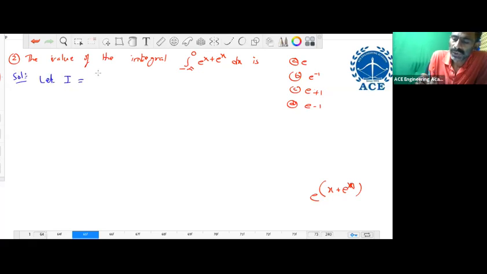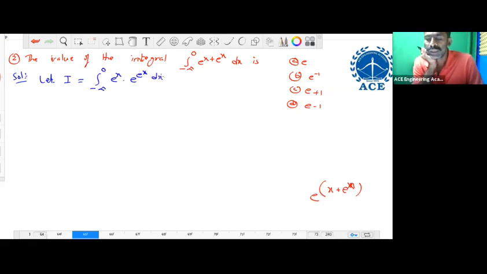Let I equal the integral from minus infinity to 0, and we separate here e power (e power x) into e power x dx. Now evaluate and check whether the value is finite or not. This is e power x. Here also it is exponential, but in place of the power position, we have one more exponential, e power x.